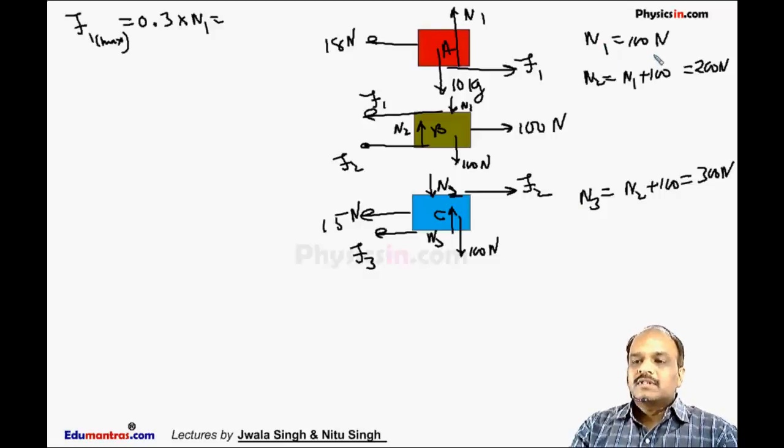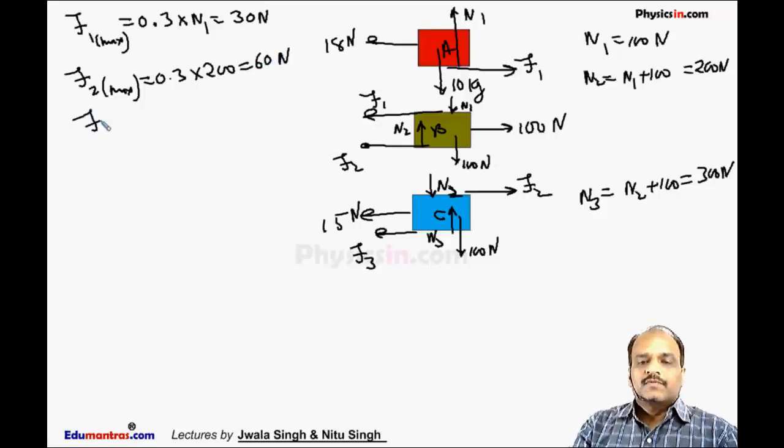Now as we know N1 is 100 Newton, F1 max is 0.3 times N1, so it is 30 Newton. The maximum value of F2 is 0.3 times N2, that is 200 Newton, so it is 60 Newton.